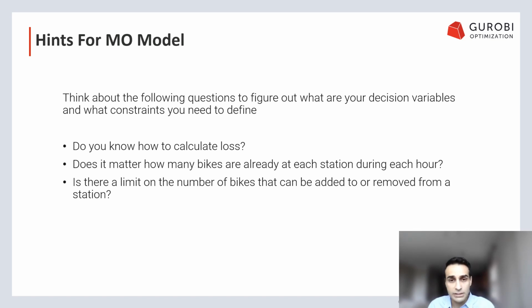There are some bikes that come there and end their journey in a location, or start their journey from the location. Does it matter how these relate to each other? So think about these questions, and hopefully they give you some clue about what other decision variables or constraints you need for your mathematical optimization model. Good luck.